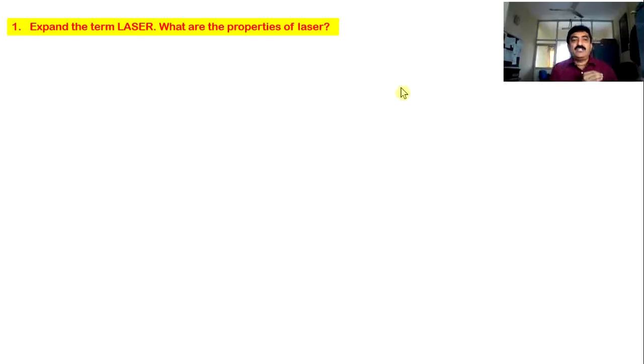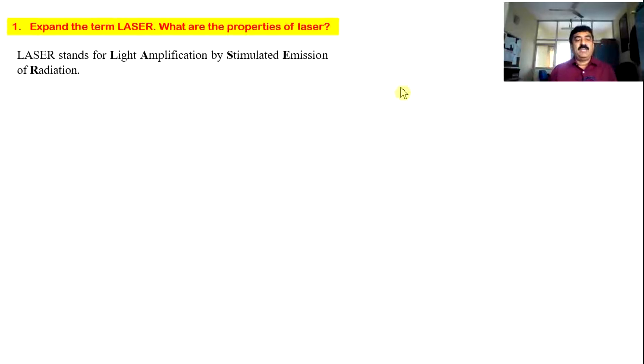Scientists didn't give much attention to laser. Only after the Second World War did laser come into the limelight. In 1953, C.H. Townes designed what is called the maser, and in 1960, T.H. Maiman designed what is called the ruby laser. Laser stands for light amplification by stimulated emission of radiation.